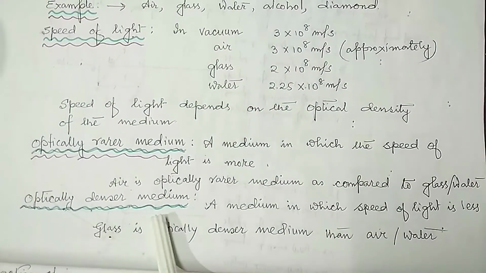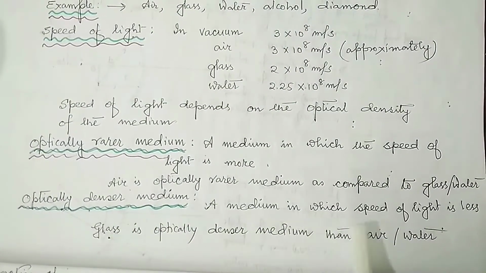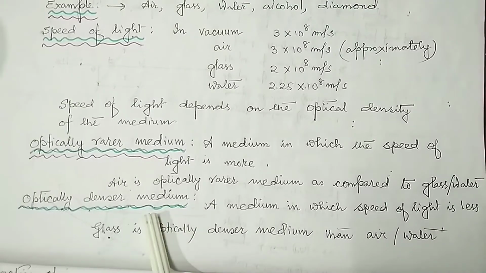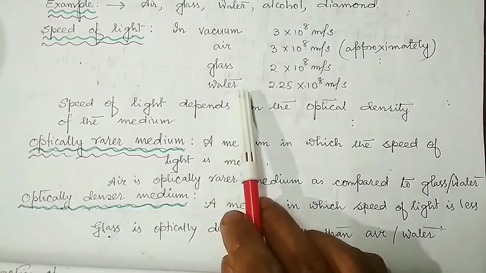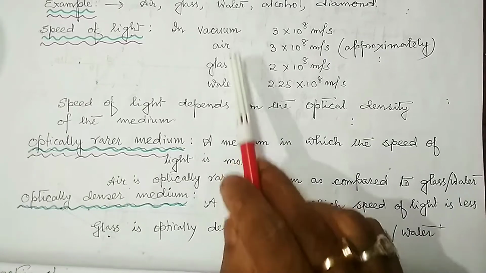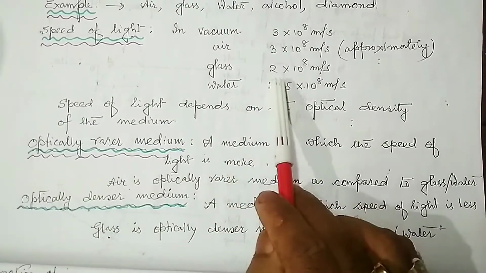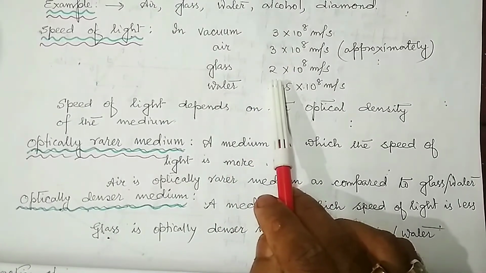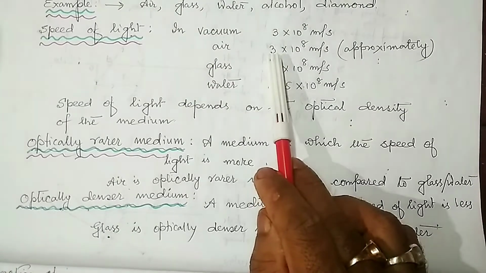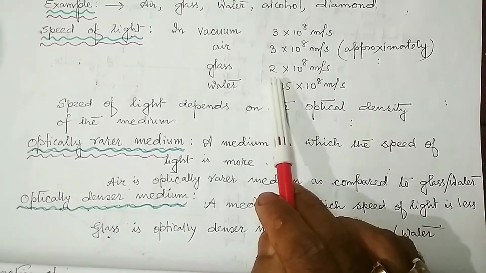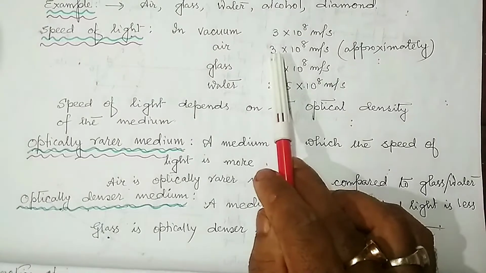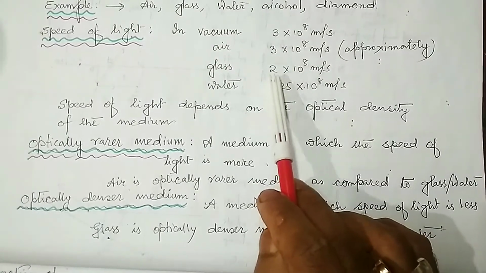And what is an optically denser medium? A medium in which the speed of light is less is called an optically denser medium. So if I consider, suppose, glass and air, out of these two, the speed of light in glass is less as compared to air. Since the speed of light in glass is less, glass is optically denser.